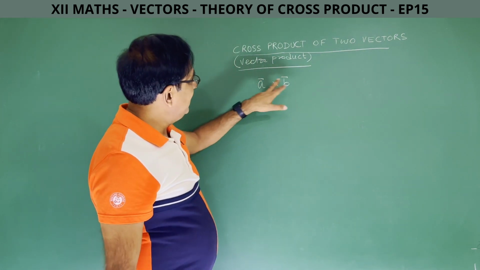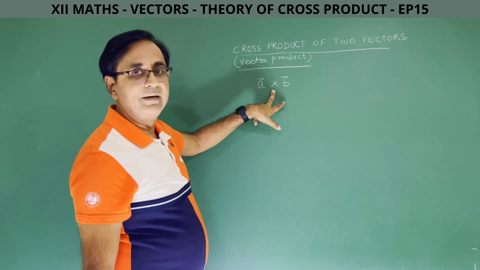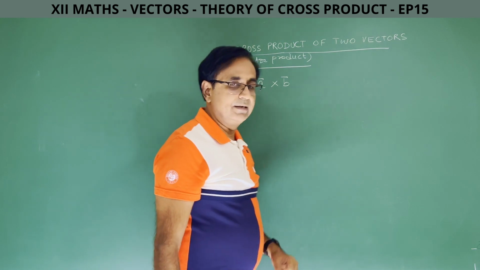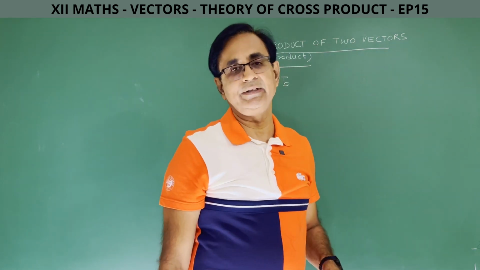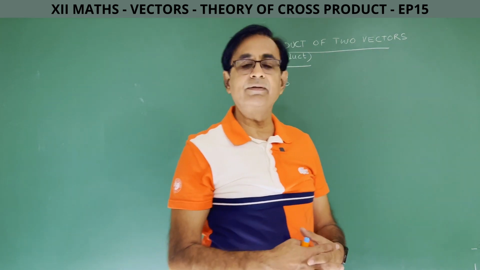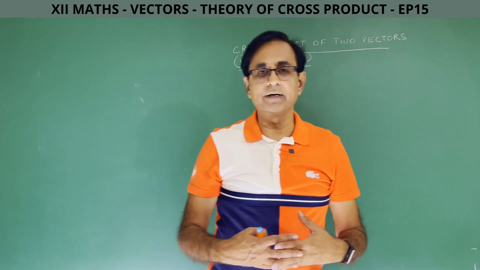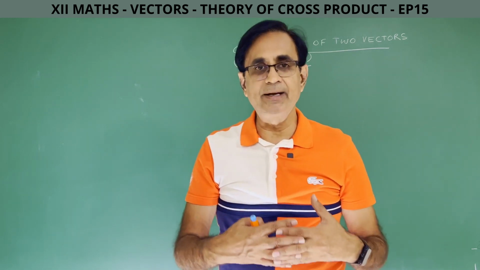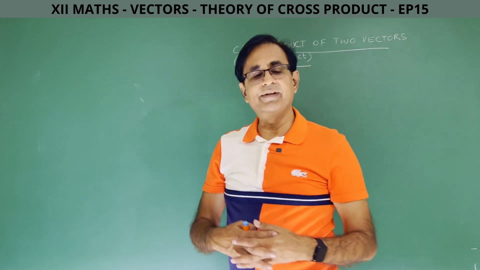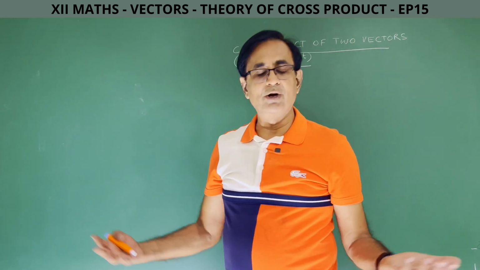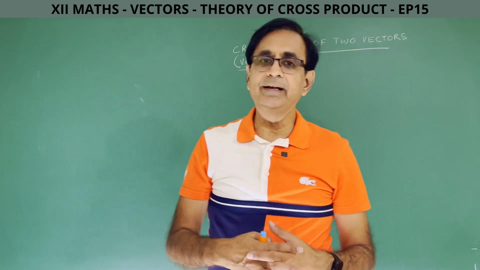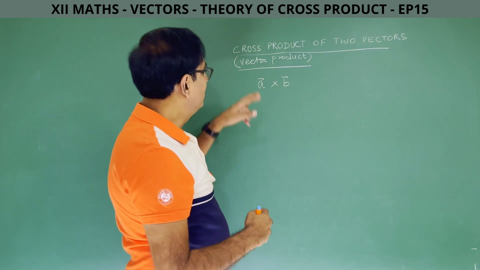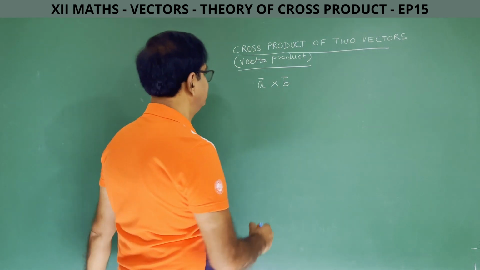Now when I multiply A and B with a cross in between, my answer will be a vector. When my answer is a vector, it has two things associated with it. That's the difference between scalar quantities and vector quantities. Vector quantities have two pieces of information associated with them, a magnitude and a direction. Every vector has a magnitude, which by default is always a positive number, and a direction. So let's first find out the magnitude of this vector.